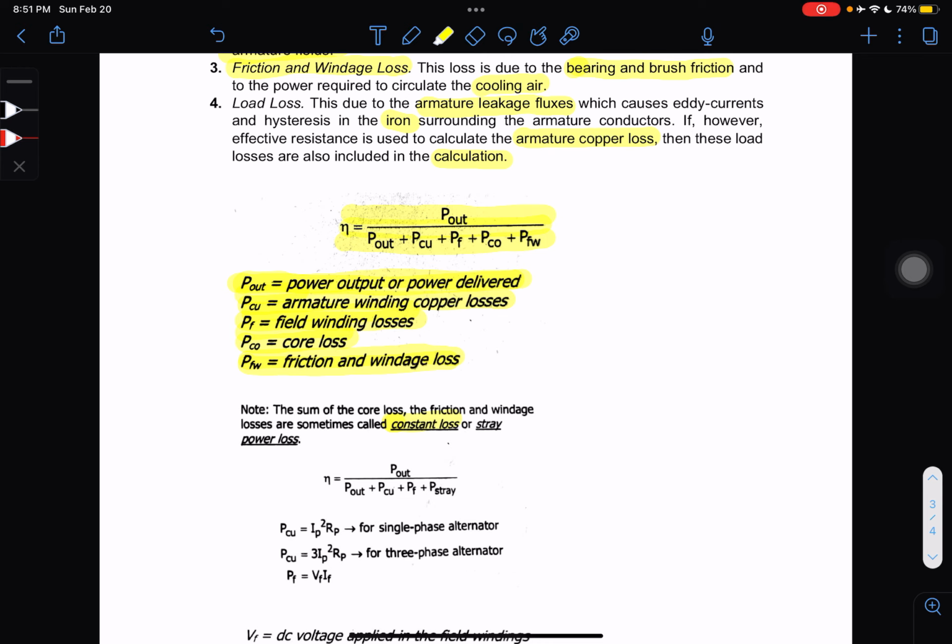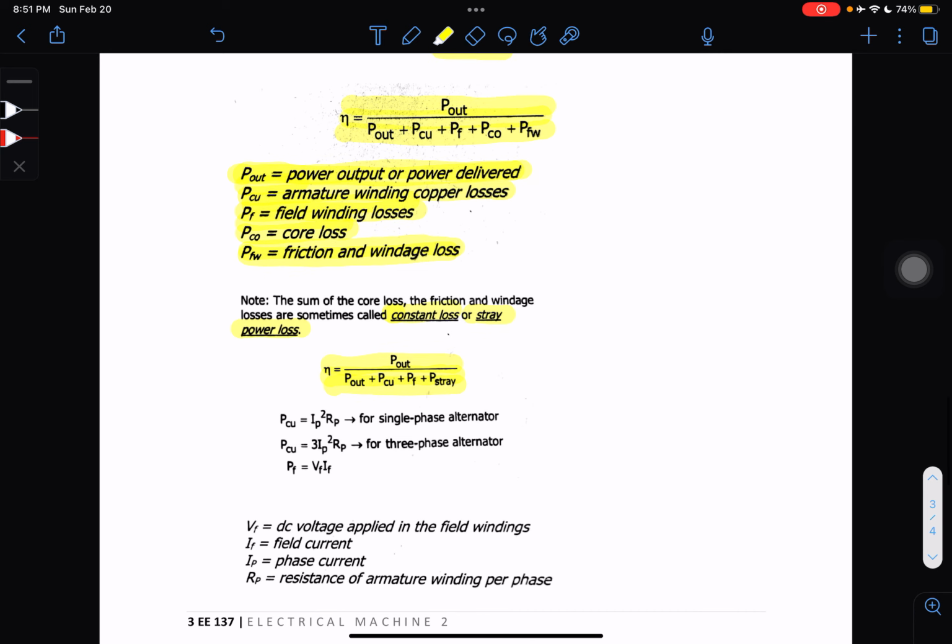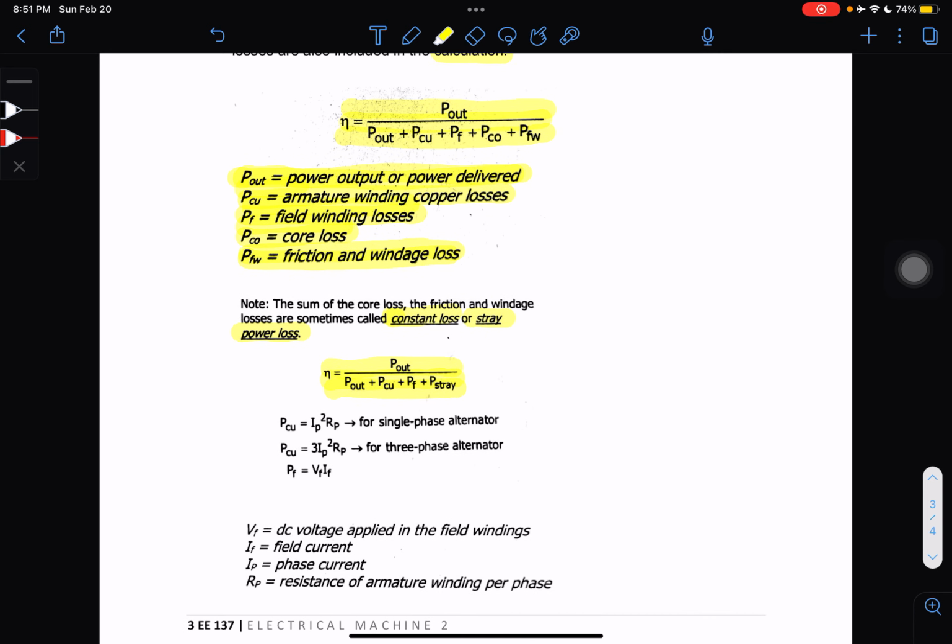So it is the same, just another formula, a combination if the problem gives stray power loss. To solve for our armature winding copper loss, our formula is PCU equals IP squared times RP. We all know that IP is the phase current and RP is the resistance of armature winding per phase.